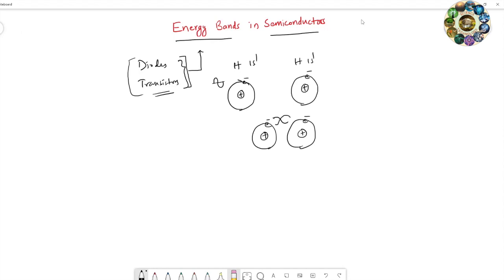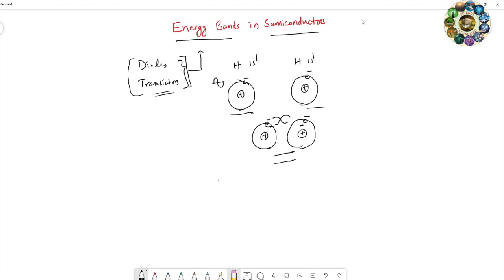In this interacting system, according to the Pauli exclusion principle, no two electrons have the same quantum number. Initially there is a single energy state, a discrete energy state. When you make an interacting system, this energy state splits into two energy states, because no two electrons have the same quantum number.